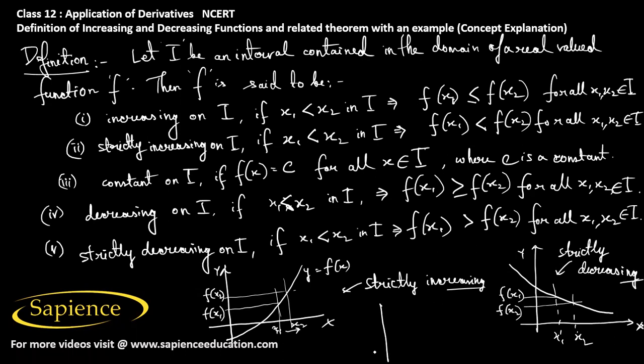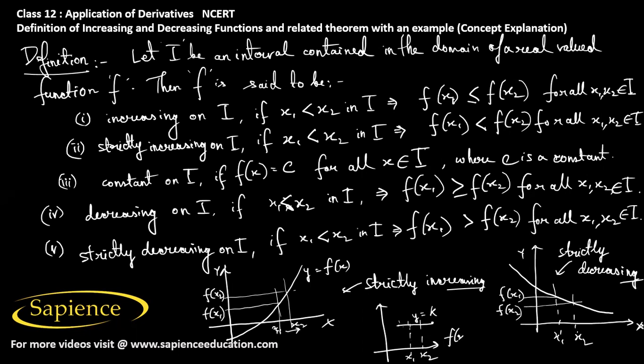And suppose a function is a constant function, it is like this. This is y equal to some constant k, suppose. So here we can see that for x1 and x2, if x2 is not equal to x1, the value of the function is still constant k.